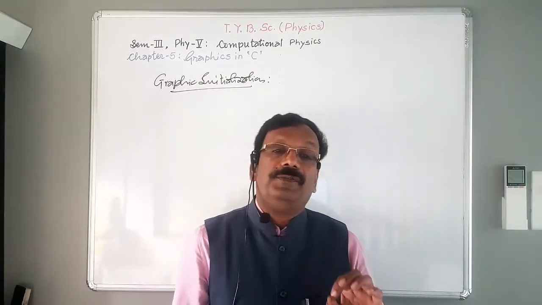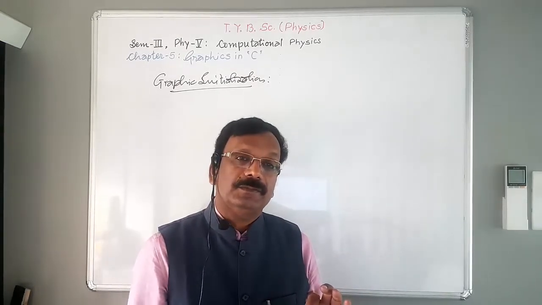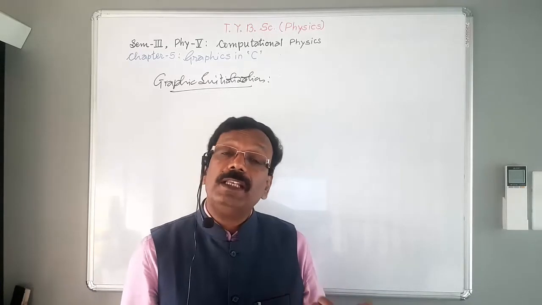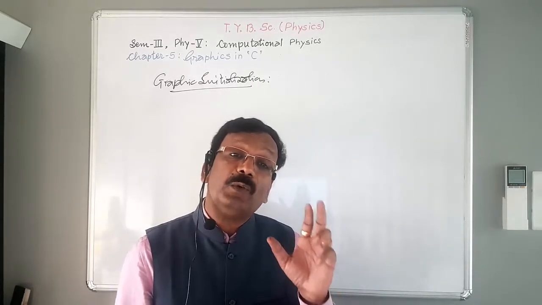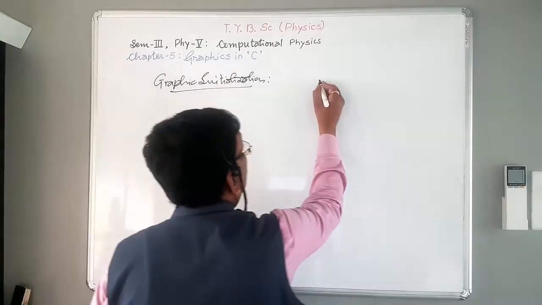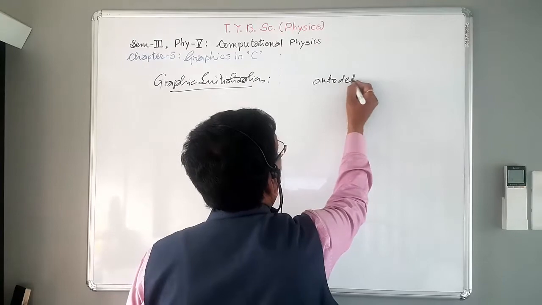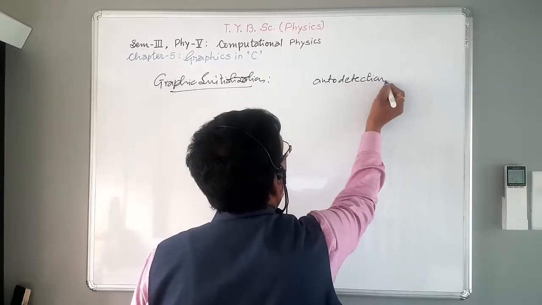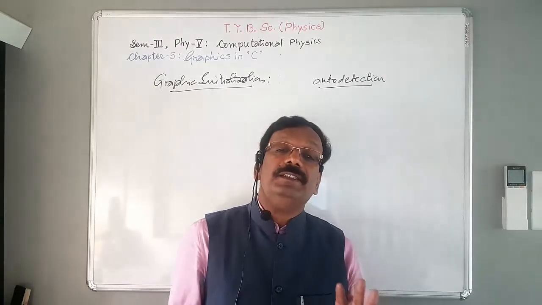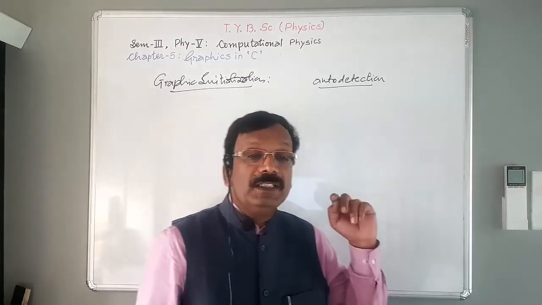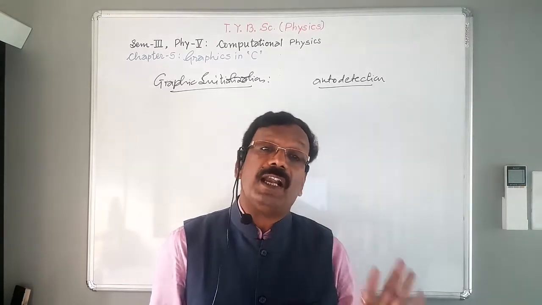See here, graphics in C is very easy. Graphics in C is very easy because the C compiler has auto detection. Have you got it? Hence, I told you that graphics in C is very easy because the C compiler has auto detection of the graphic hardware.